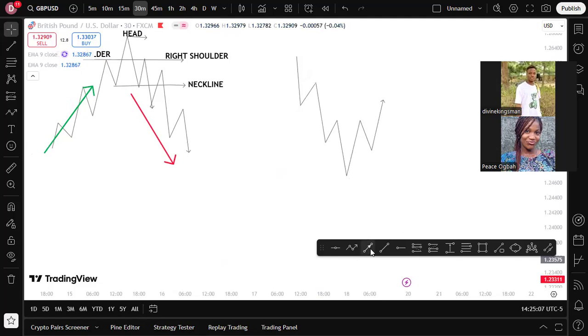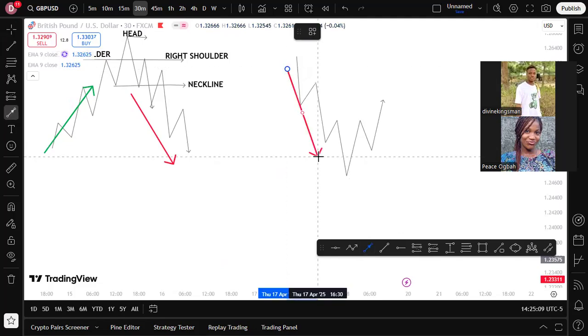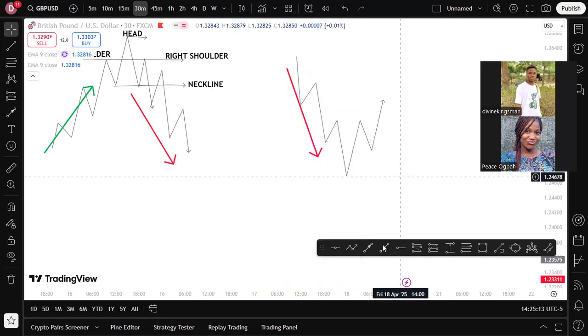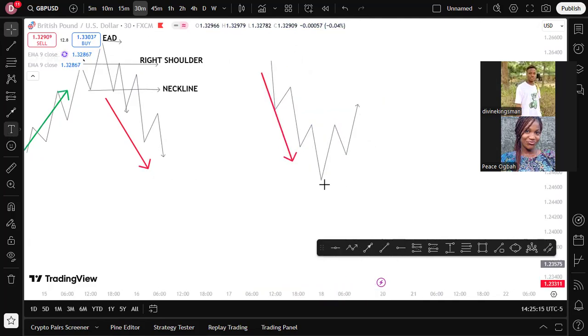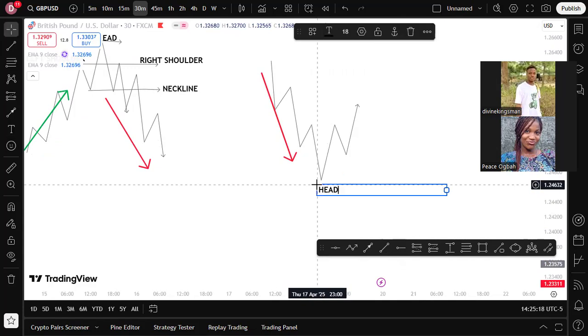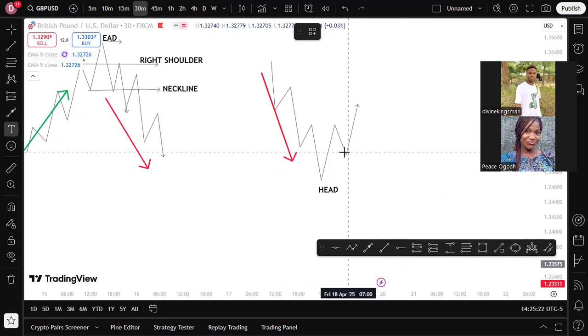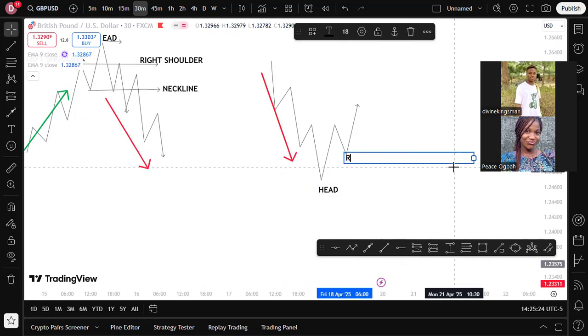So if we're coming down in price like this, and then the inverted head and shoulder forms, this is the head of the pattern. This is the right shoulder.